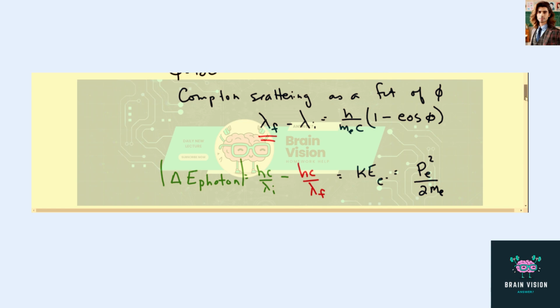I am going to use atomic units here. The mass of the electron is 0.511 times 10 to the 6th eV over c squared, and we're going to take hc as 1240 eV times nanometers.